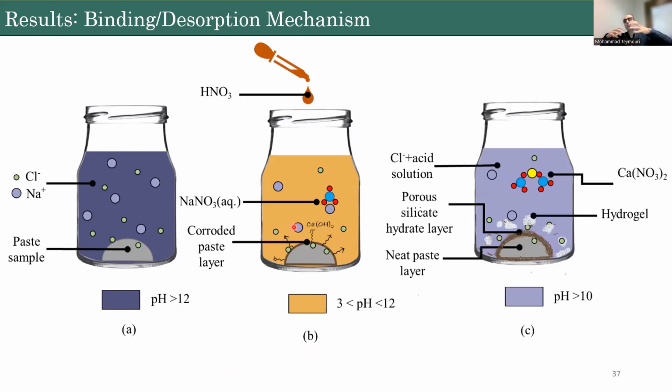So we have chloride binding, chloride desorption. It depends on the pH because you cannot, for example, add acid forever to a structure, right? You can have carbonation forever, but it's a very slow process.